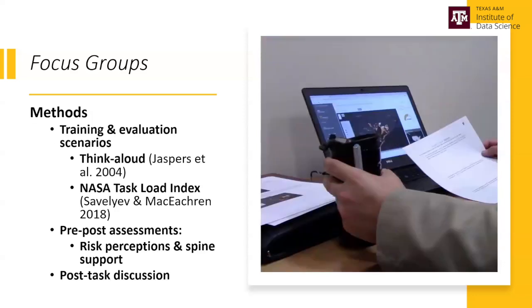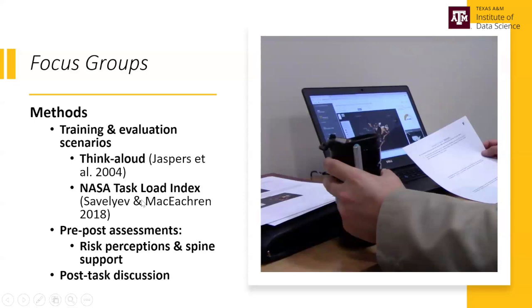Some of our methods, we had training and evaluation scenarios that we asked them to complete. While doing so, we requested that our participants engage in a think aloud protocol. That's where the focus group participants would talk through what they were doing and why as they were interacting with our tool.